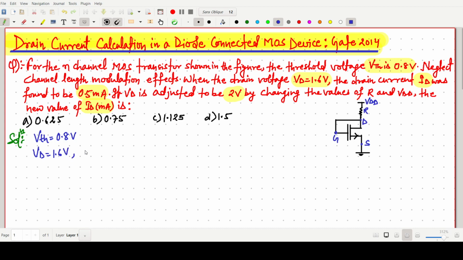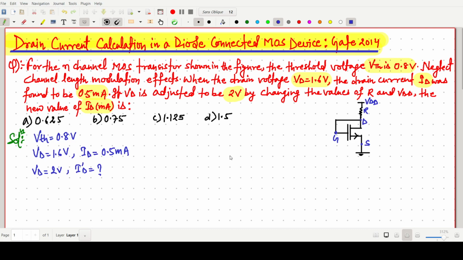At that time, the corresponding ID current is observed as 0.5 milliampere. Now when the VD value is adjusted to 2 volt, we have to find the value of the new ID for this one.